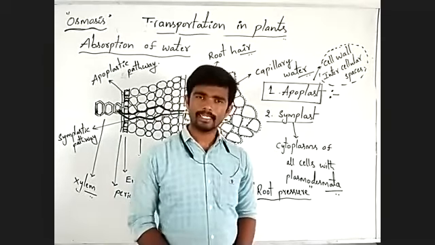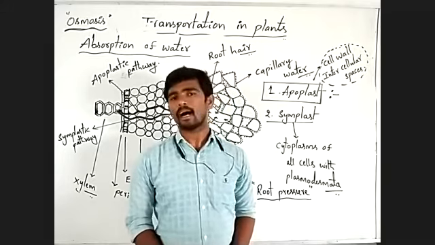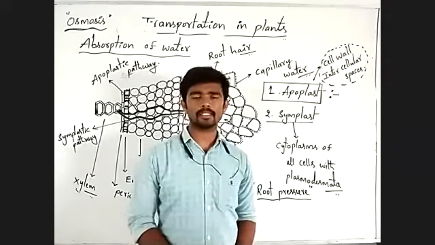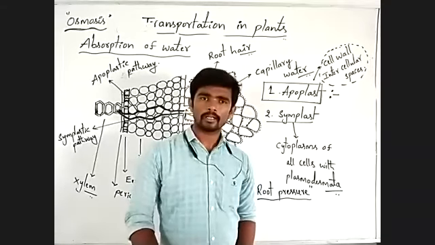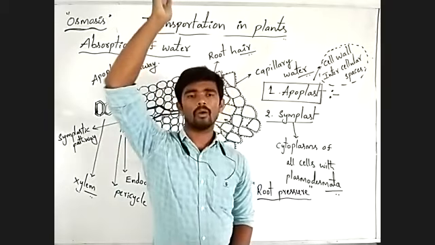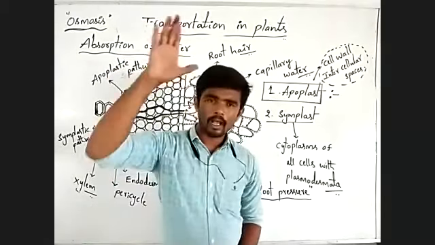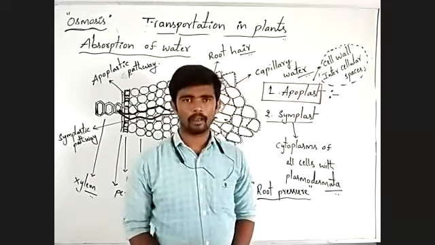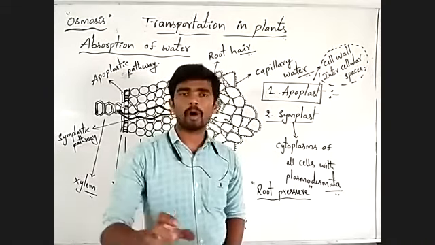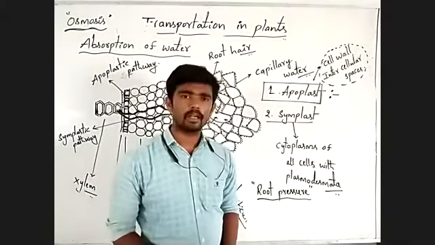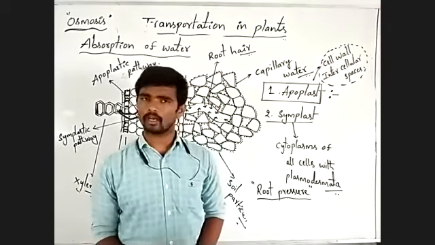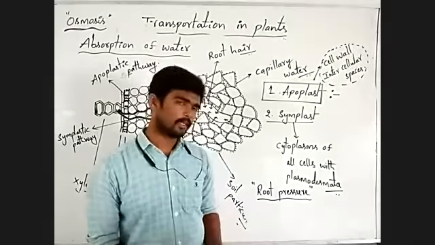In such plants, there are other activities or processes to translocate the water for very long distances. But root pressure is very useful in small plants. Are you understanding? Observe carefully.